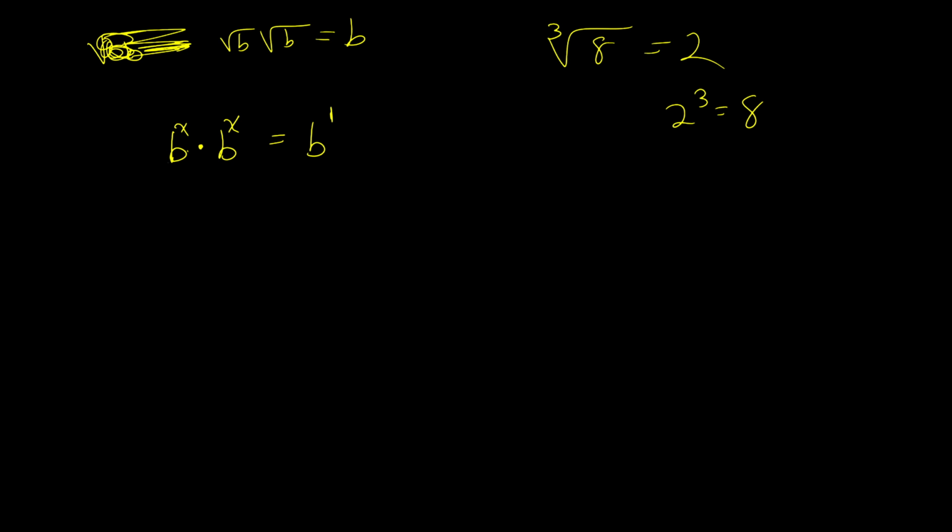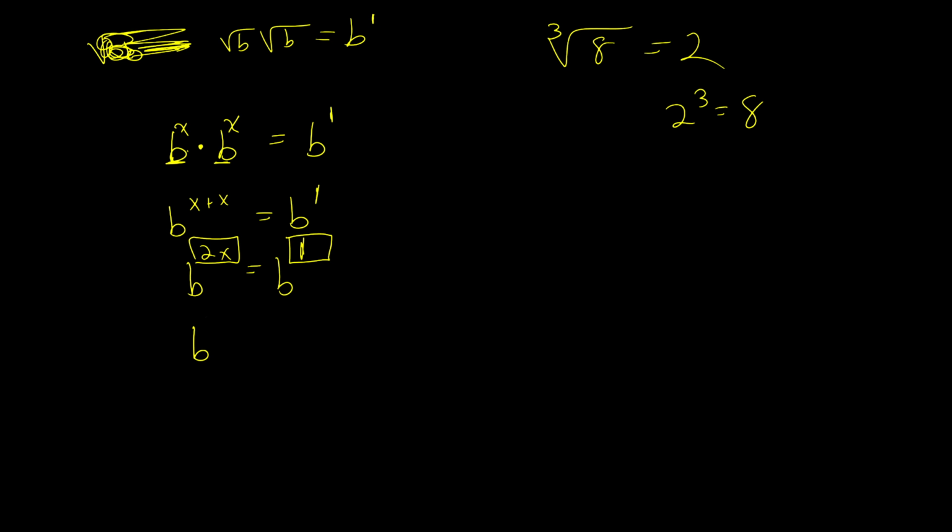And I'm going to say, well, there's some b to some power equals 1, because this is b to the first. Well, that's the same as b to the x plus x equals 1, or b to the 2x equals 1. Well, these have to be the same for this to work.